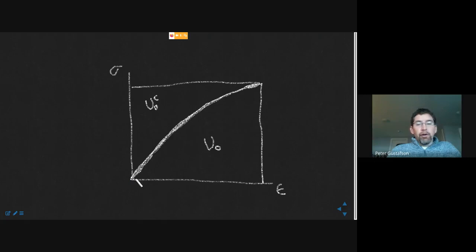Oh, thanks, Garrett. I see your second comment there. So if we load up and we come back down the same path, then we have recovered the energy. Now, in that sense, we could functionally recover either the complementary energy or the strain energy.